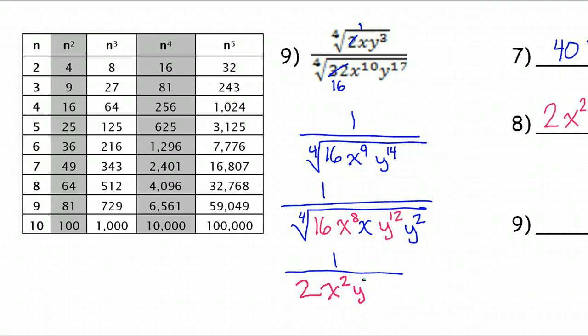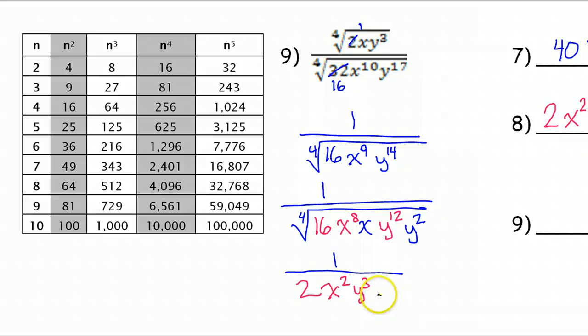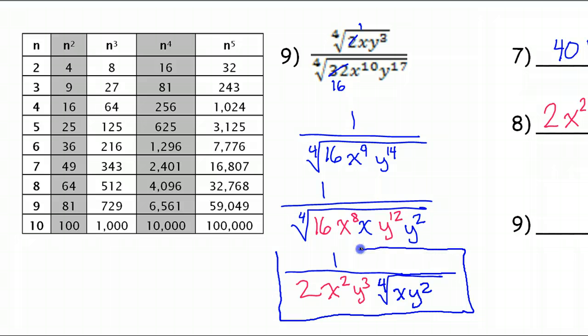So that is y to the 3rd power. Now everything in blue is going to stay just like it is. So that means I'm going to have the fourth root of x y squared. Okay, and this is your final answer for number 9.